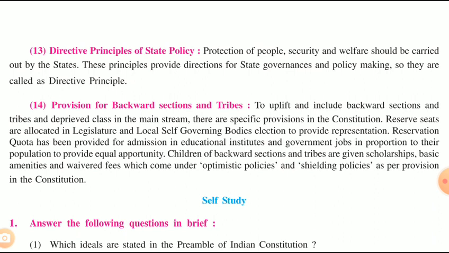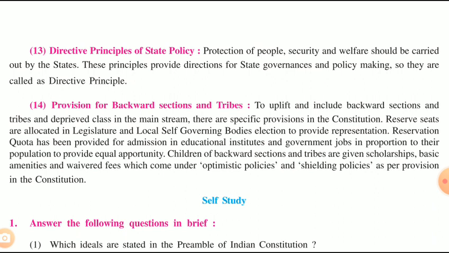14th is provision for backward sections and tribes. India is a country where different types of people live, say scheduled tribes, scheduled castes, other backward classes. All this forms Indian citizenship.